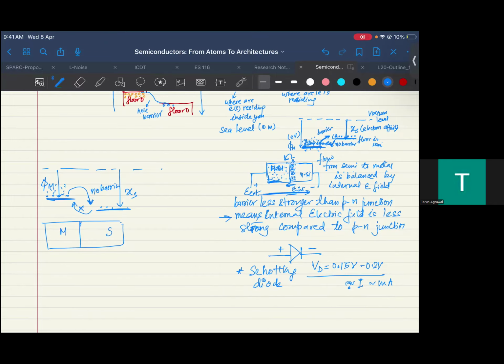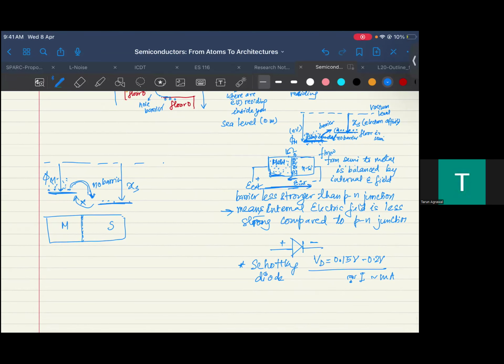This junction is not there at all, because the electrons are already pushed without the need for any voltage across it. Because it's just the opposite. And that is why this junction has no barrier, meaning this is what we know as the ohmic junction.